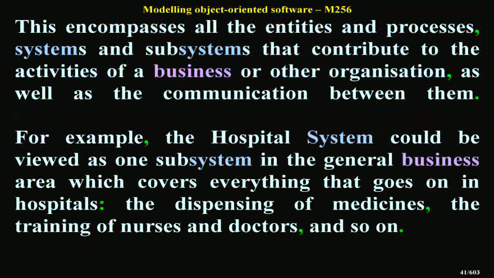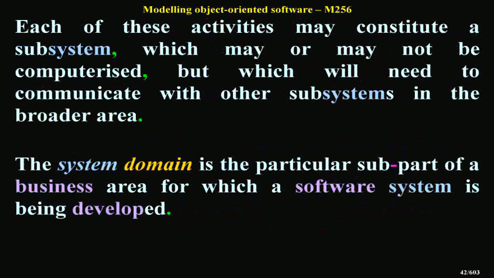For example, the hospital system could be viewed as one subsystem in the general business area, which covers everything that goes on in hospitals: the dispensing of medicines, the training of nurses and doctors, and so on. Each of these activities may constitute a subsystem, which may or may not be computerized, but which will need to communicate with other subsystems in the broader area.